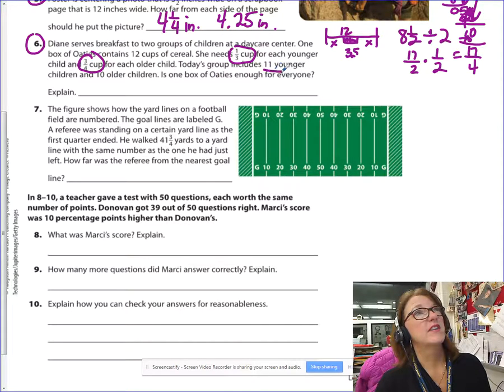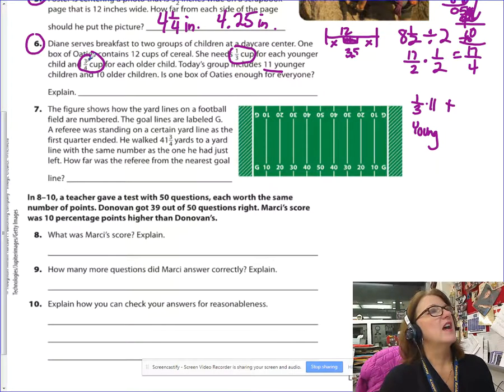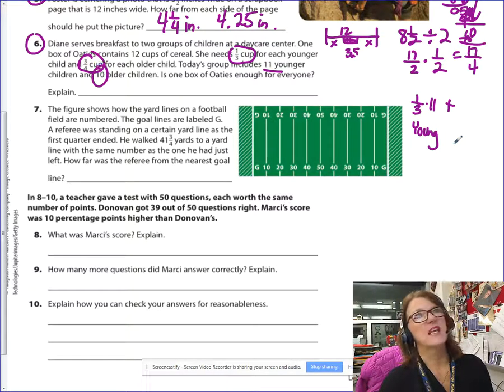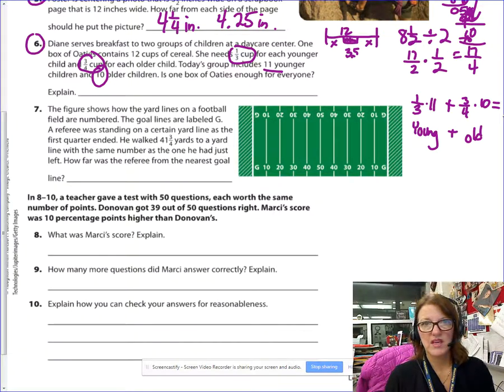We have 11 younger kids, so I'm going to have 1/3 cup times 11 because this is my younger children. And then I have 3/4 cup for the 10 older kids. These are the older ones. Together, we have to figure out the total and see.